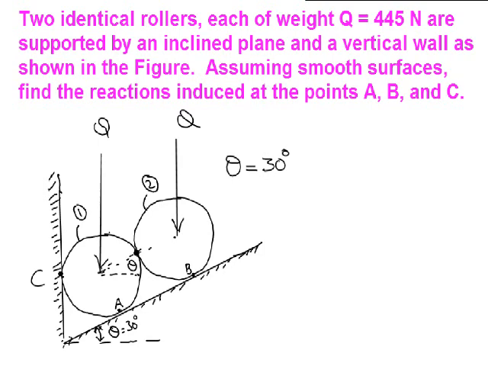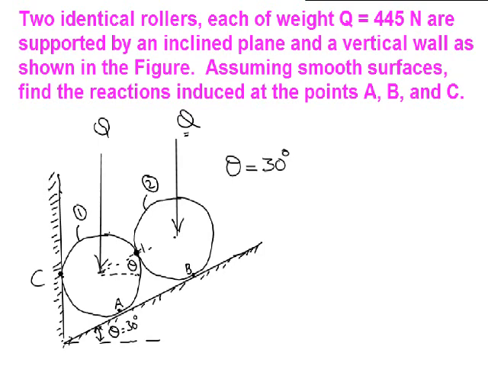If you try to see the number of forces acting on each of these rollers, roller 2 is touching roller 1 and the inclined plane, and it has a gravity force. It has 3 forces acting on it. Whereas if you see roller 1, it is touching at point C, point A, and a point of contact with roller 2.